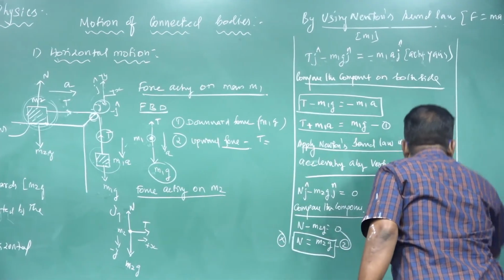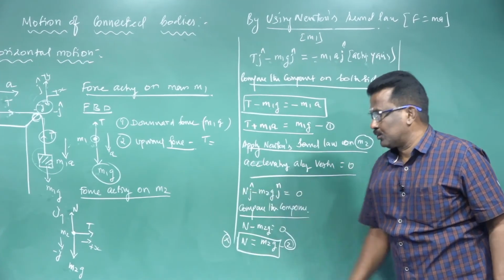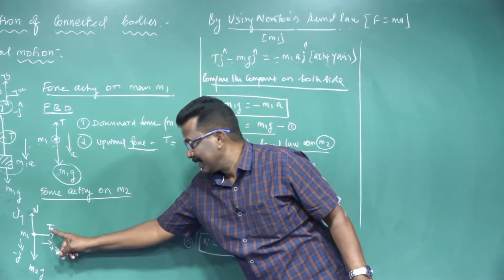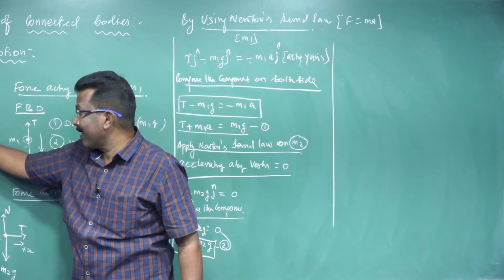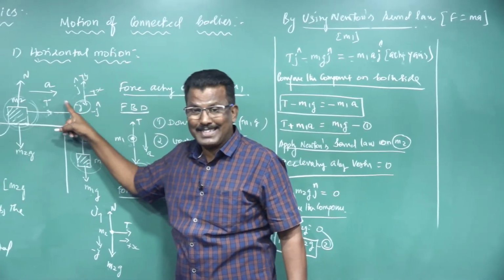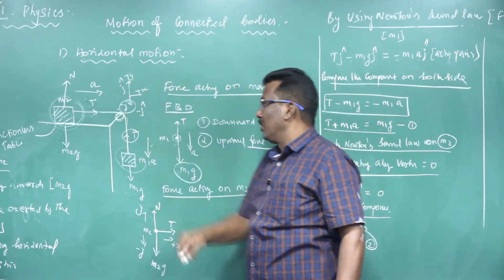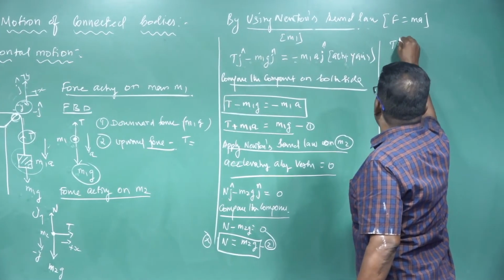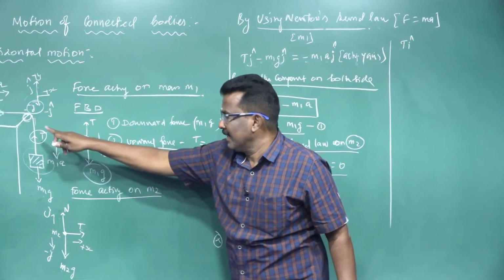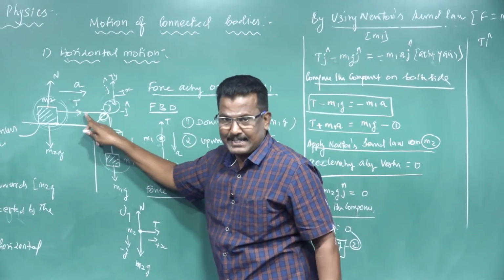Now, another force, the tension exerted by the string, acts along the positive x-axis, that is along the horizontal. So T along i cap, because the tension acts along the positive x-axis.